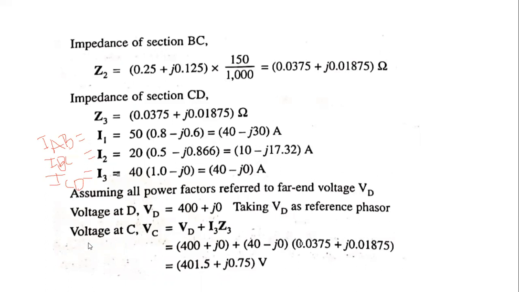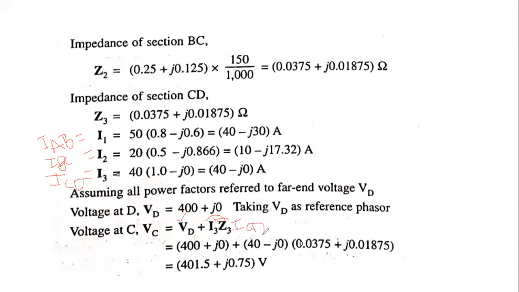Then we calculate the voltage at C point. The formula for VC is VD plus the voltage drop in section C to D, that is I3 into Z3. I3 means ICD into ZCD.